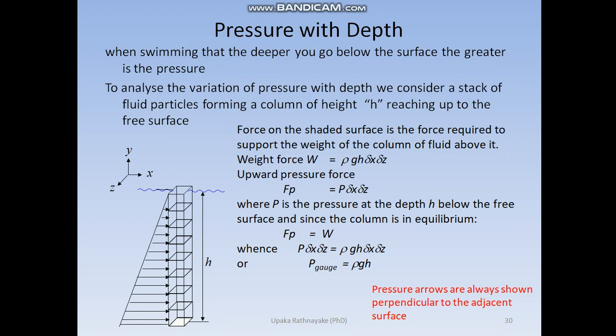Now let us look at the pressure variation with depth. Consider a stack of fluid particles forming a column of height h reaching up to the surface. Now the force on the shaded area due to its self-weight is rho g h delta x delta z.